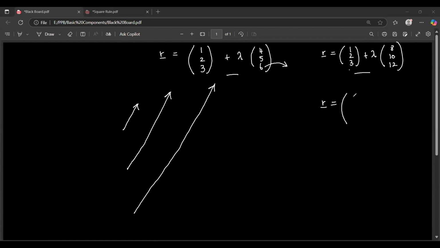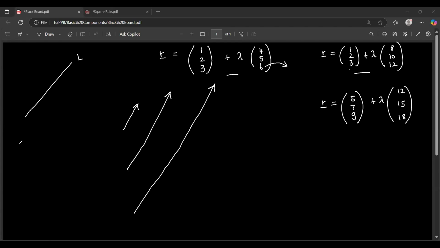Obviously, we know that 5, 7, 9 was a point on the line, so you can give it like this: lambda (12, 15, 18). This is also possible. So just keep in mind that a straight line L can have different vector equations.